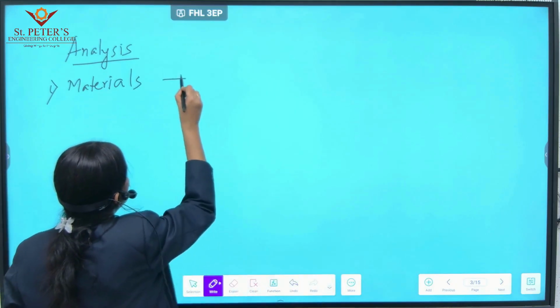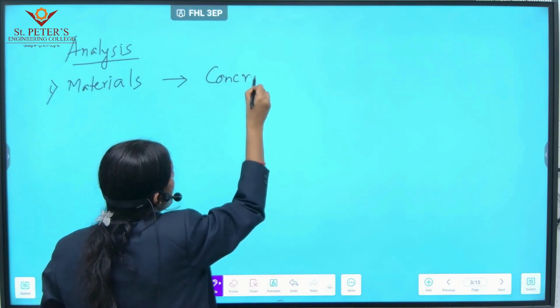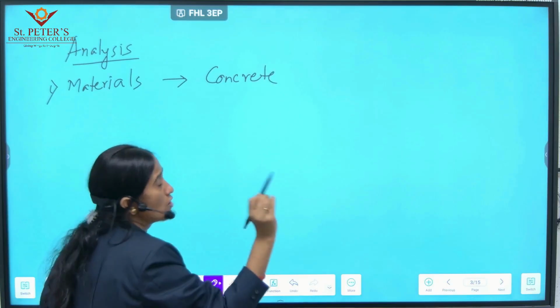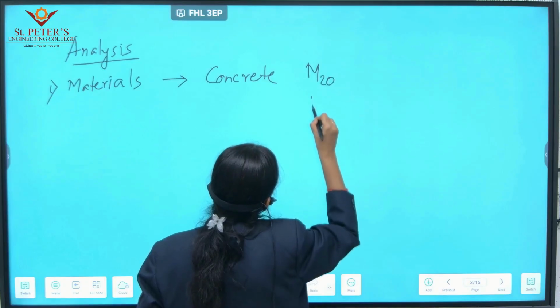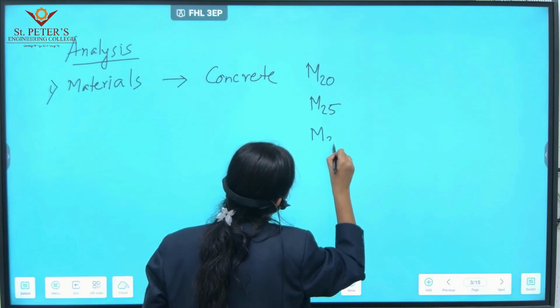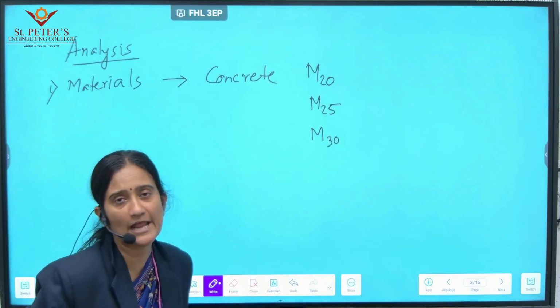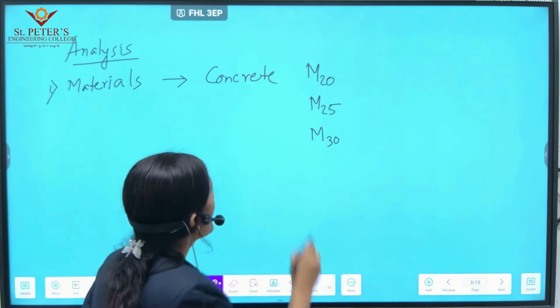The concrete we will be using is cement concrete of nominal mix of M20, M25 or M30. We can go to higher grades as per the requirement of the structure.